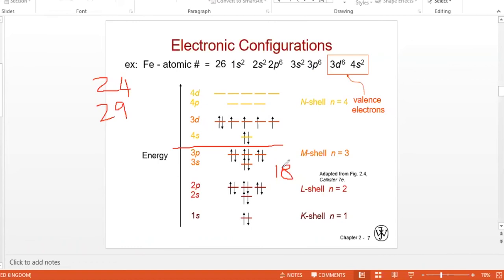Then totally 6 electrons remain, so we need to write those 6, because already 18 is done.